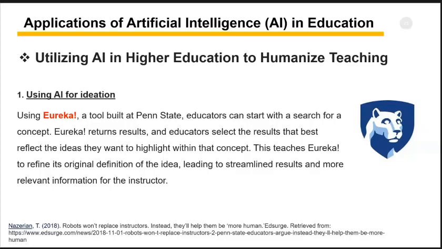Eureka is a tool that helps educators search for a certain concept. Then Eureka returns results. The educators select the result that best reflects the ideas they want to highlight within that concept. This teaches Eureka to refine its original definitions of the idea. So in the future, this will lead to streamlined results and more relevant information for the instructors.